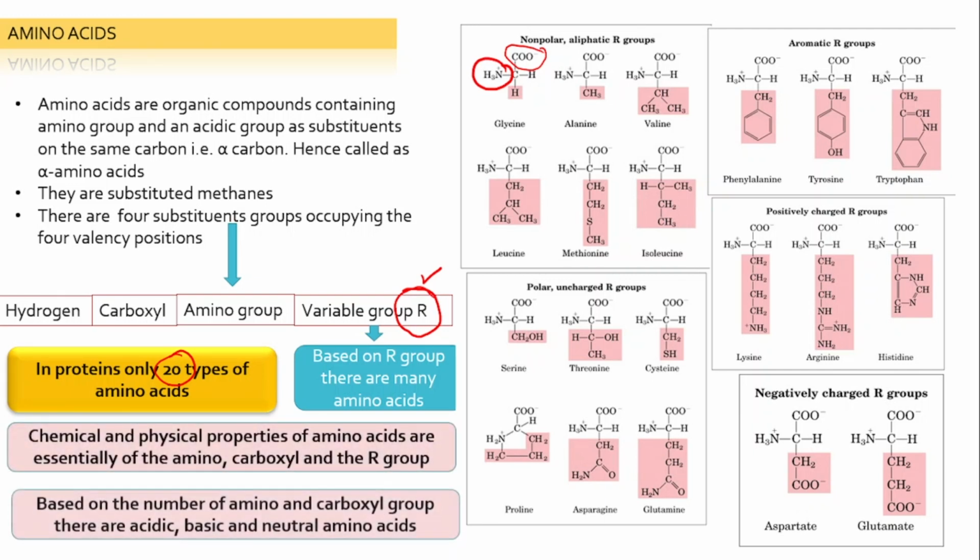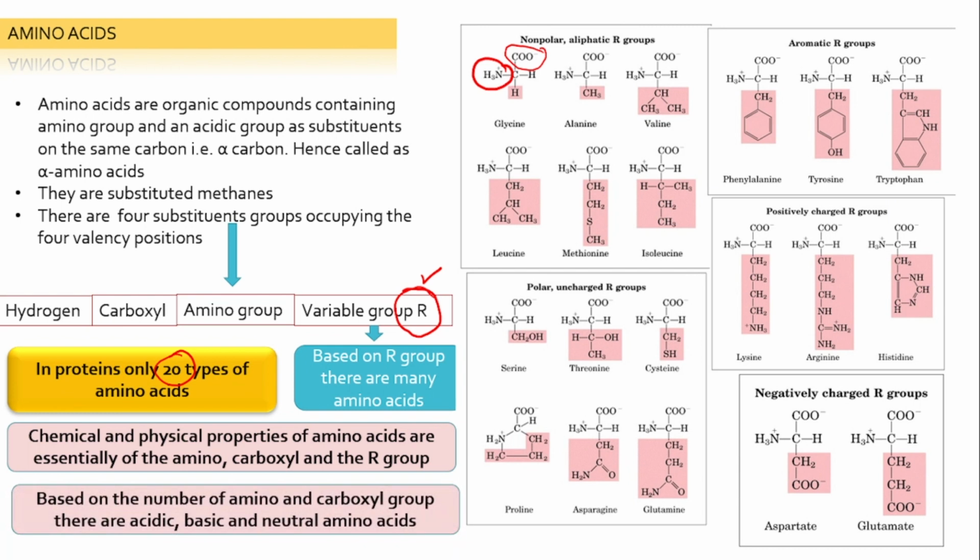Chemical and physical properties of amino acids are essentially those of the amino, carboxyl, and R group. We need to note this sentence because it is particularly important; we can expect a question based on the statement. For example, which of the following statements is true? Chemical and physical properties of amino acids are essentially those of the amino, carboxyl, and R group.